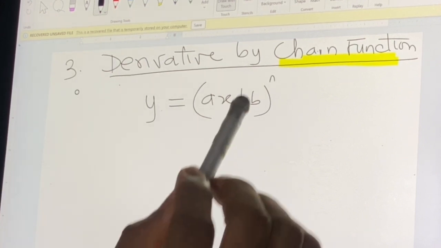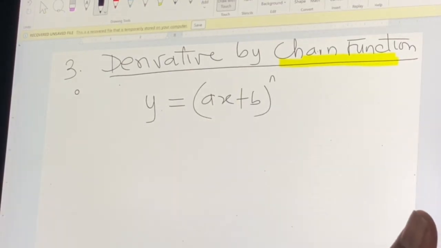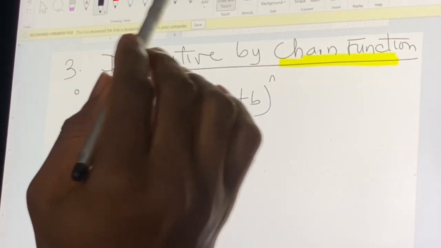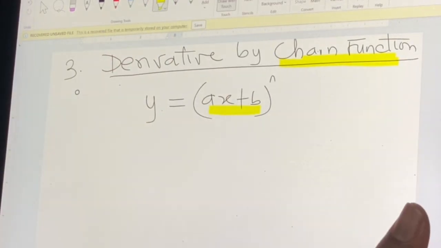What does it mean here? It means that whenever we have a function that consists of an inner part, which is this part here, and an outer part, which is the brackets and n, we differentiate that using chain rule.